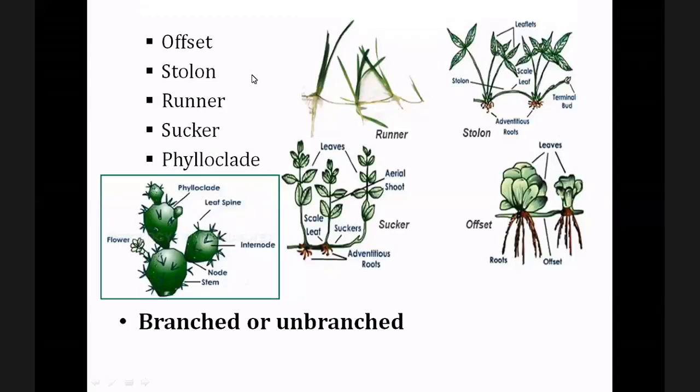These plants have weak lateral branches that arise from the base of the main stem. From the base of this main stem, these lateral branches emerge. Then these lateral branches grow aerially for some time, then bend downward to touch the ground.